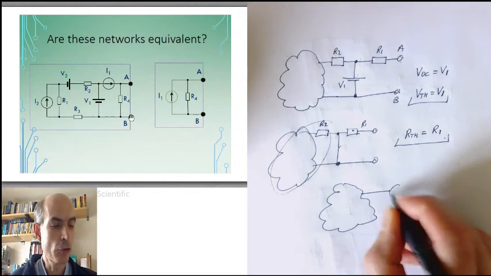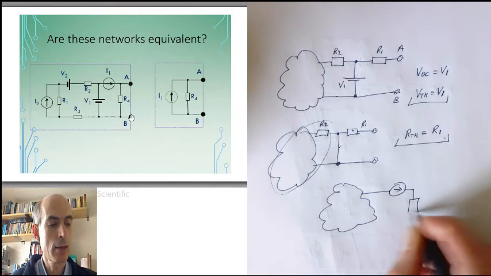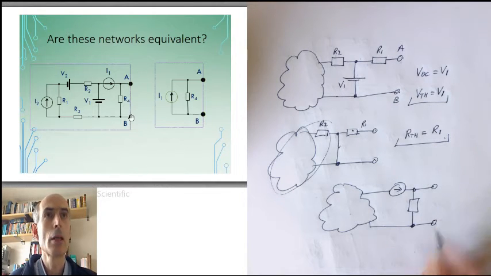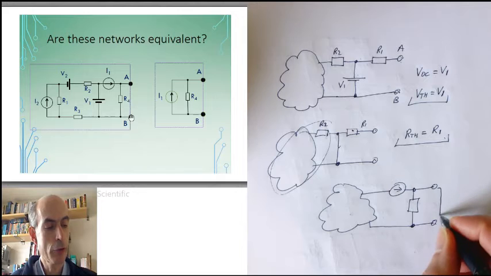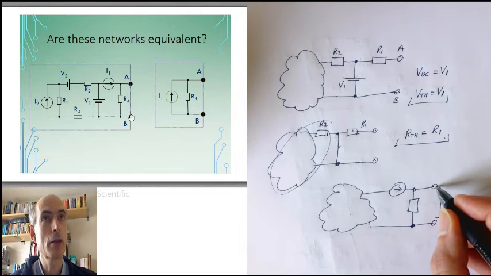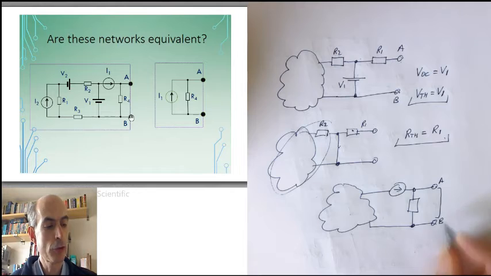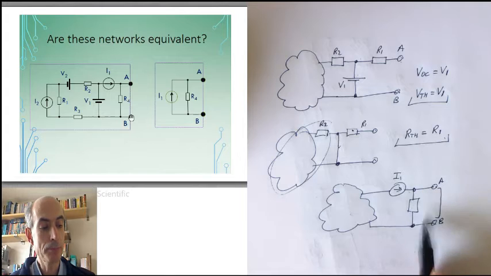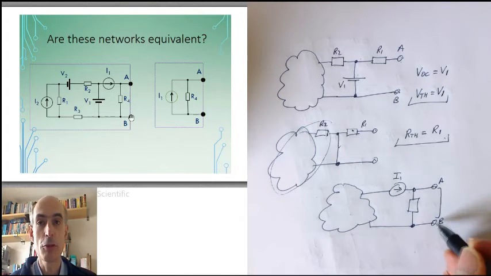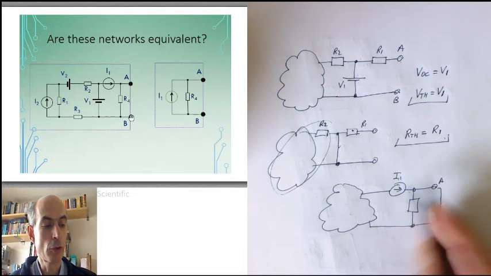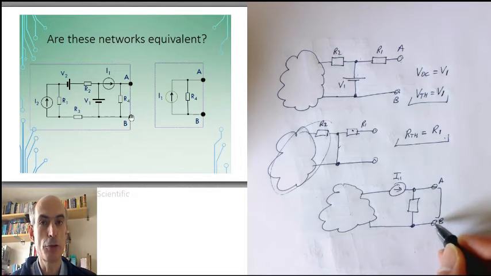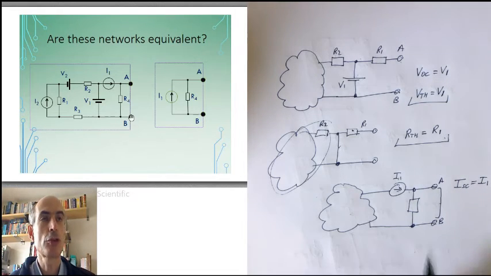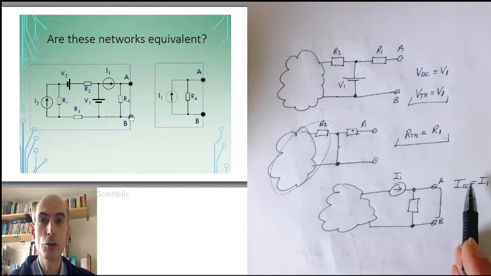If you've got a current source and a resistance there, the short circuit current, the current flowing out of the output here and back into the input there, is just going to be equal to this current source I1, because this is a current divider. Since this has a zero impedance between A and B, all of this current is going to flow out of A and back through B. The short circuit current is going to be I1. But the short circuit current is just the current in the Norton equivalent network.